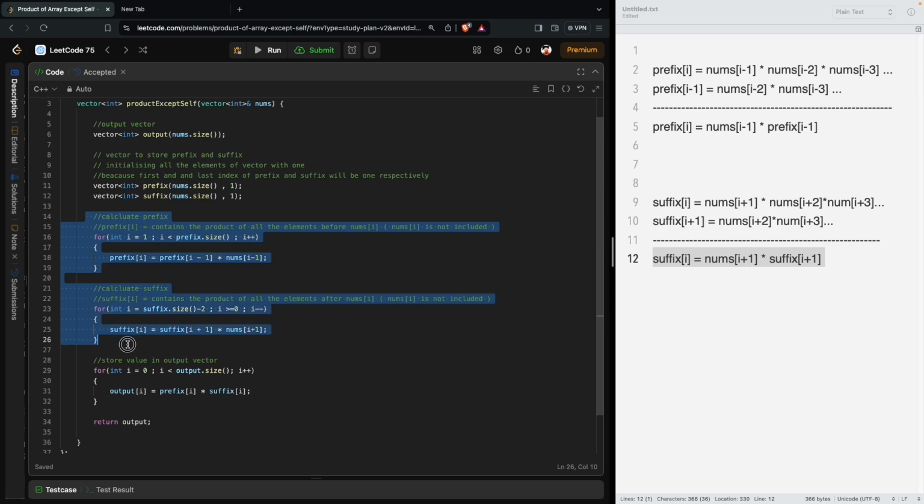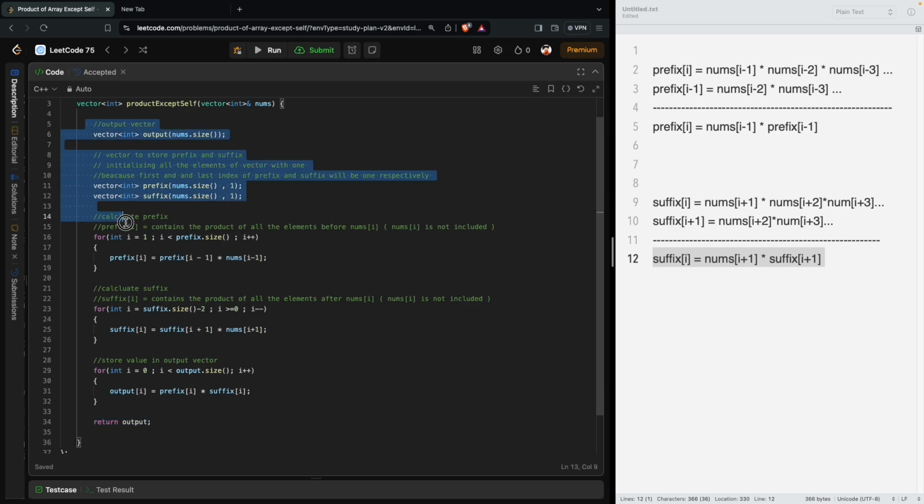Now till here we have calculated prefix and suffix, and to generate the final answer output, we will multiply the corresponding elements of prefix and suffix and store it in output. So we are simply running the loop, storing output of i as the product of prefix of i and suffix of i, and then we simply return output.